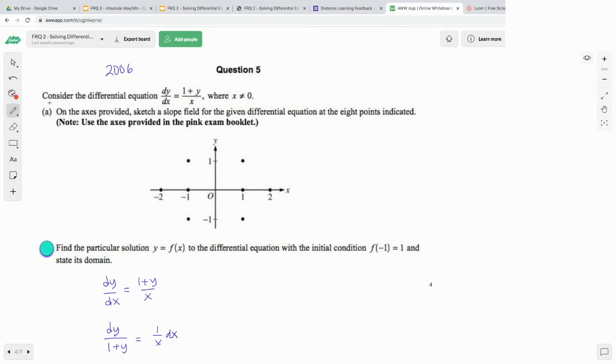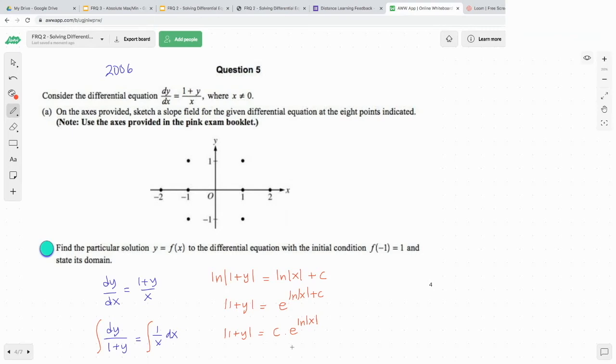So just go ahead and take the antiderivative of each side. So this is going to be ln absolute value of 1 plus y equals ln absolute value of x plus c, right? I go ahead and write this in exponential form. So this is going to be e to the ln absolute value of x plus c. Now you know it, e to the c is the same as a constant. I'm just going to call it c, okay? You can call it k or another constant, e to the ln x.